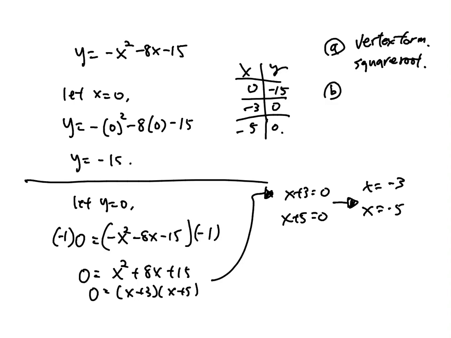Part B is what I call factor form. Notice things are already factored. So you would use the zero product, or the zero factor theorem, depending on what the book says. Set each factor equal to 0 and solve. Part C, that's our standard form.